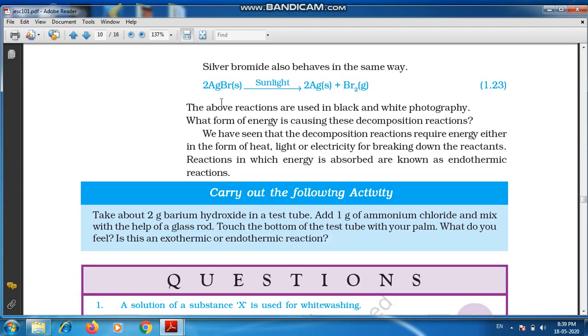We also studied exothermic reactions along the way. In combination reactions we have seen that heat energy is liberated. The chemical reaction where heat energy is liberated is said to be exothermic. And in decomposition reactions, like you can see on the screen, silver bromide in presence of sunlight gives silver, Ag, plus Br2.